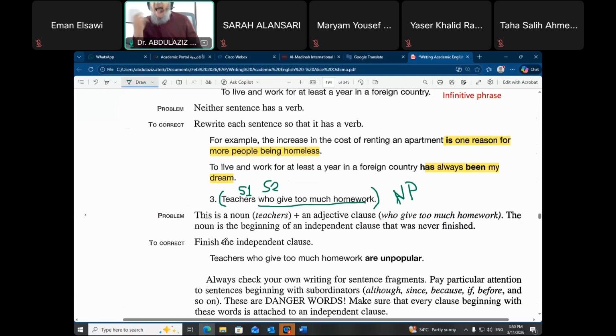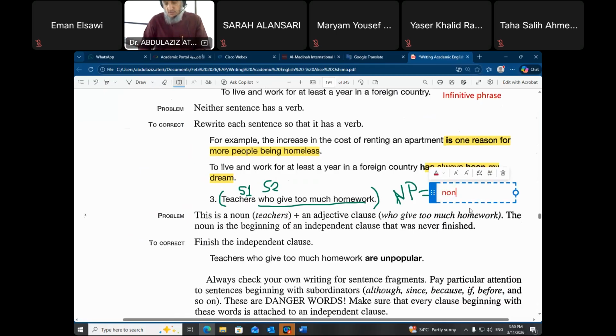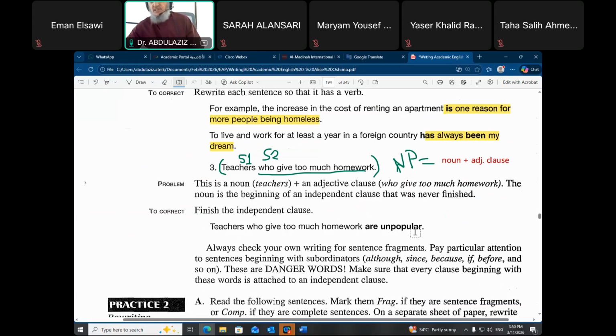So the noun phrase has a noun plus an adjective clause. Let me be exact: noun plus adjective clause. The correction is simple: add are unpopular. Teachers who give too much homework are unpopular.